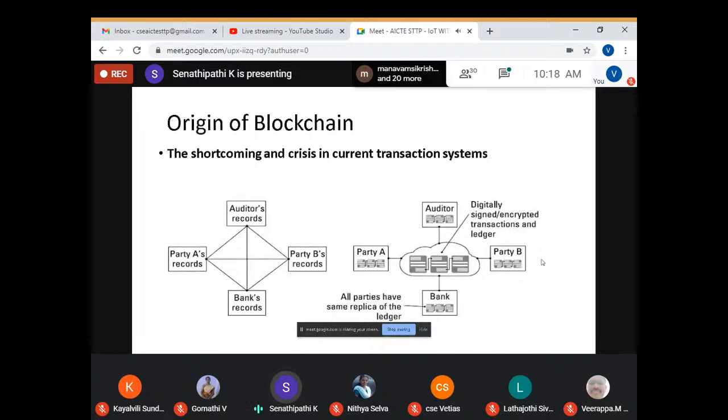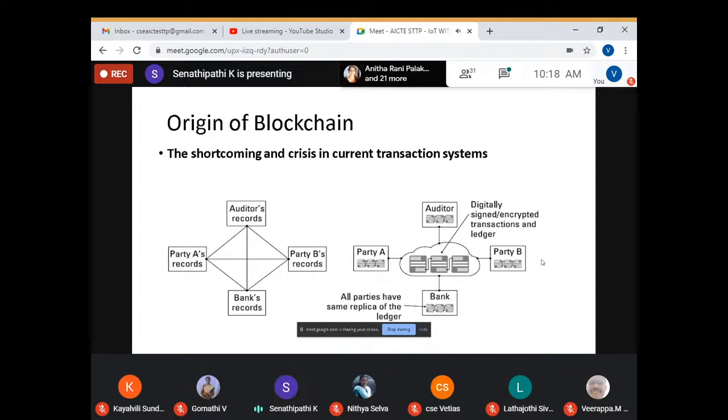If it goes smoothly, no problem at all. But if anything happens to the ledger, because here the ledger is maintained centrally by the bank, no copy is maintained at party A and party B. Here the ledger is maintained centrally at the bank, right?